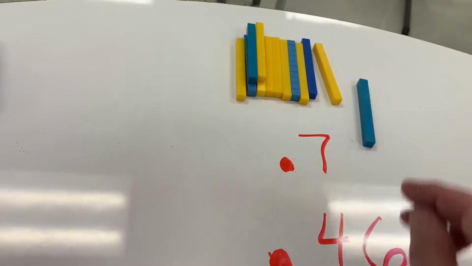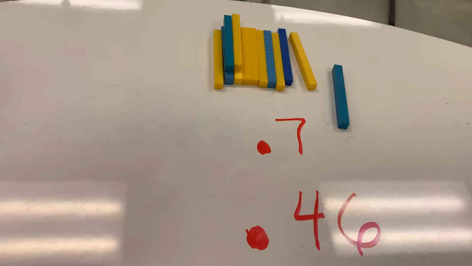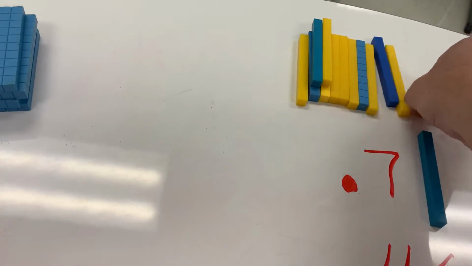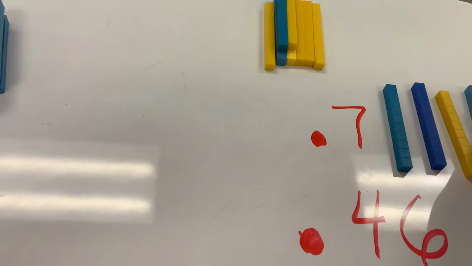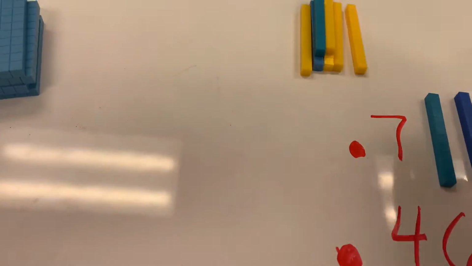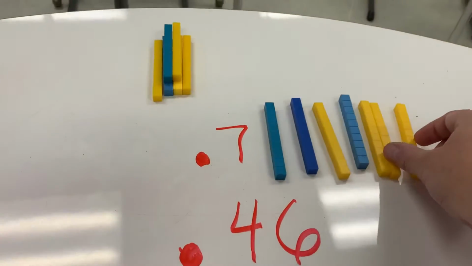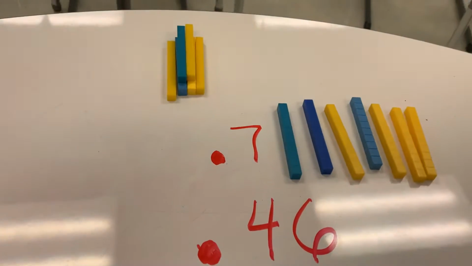So we used to use them as tens, now we're gonna use them as tenths with decimals. So to create that, I'm gonna get 7 of these: 1, 2, 3, 4, 5, 6, and 7. Okay, so I created 7 tenths.